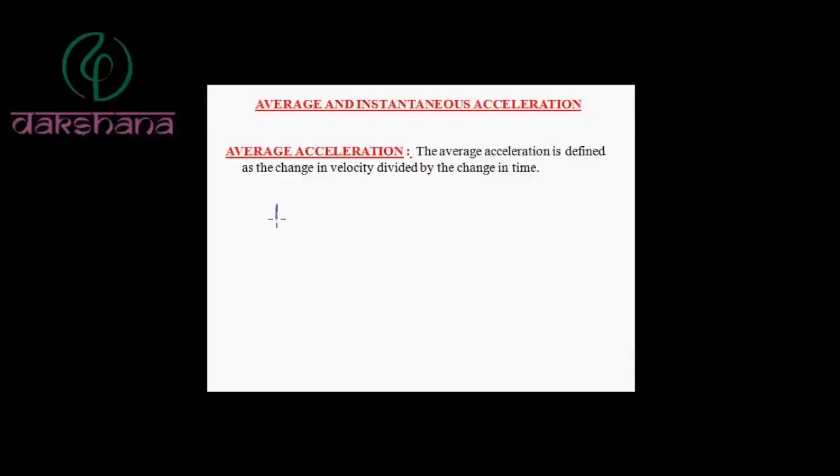If the initial velocity of the particle was say vi at time t1, and the final velocity of the particle was vf at time t2, then average acceleration is defined as change in velocity divided by the time interval.